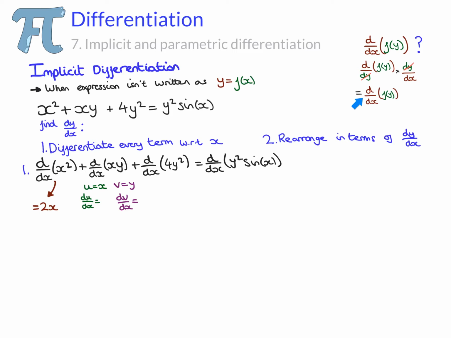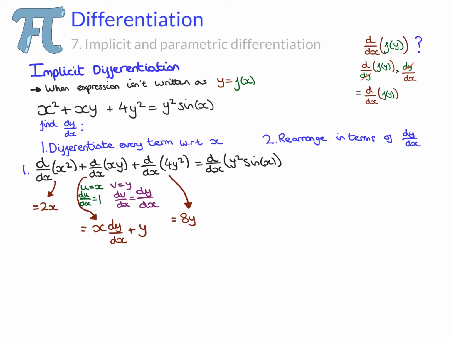The y goes to dy/dx and the x differentiates to 1. Applying the product rule equation, we get that this whole term differentiated is x times dy/dx plus y times 1. Moving on to the third term, we are faced with differentiating 4y squared with respect to x. We will first differentiate it with respect to y, and then we multiply the result by dy/dx.